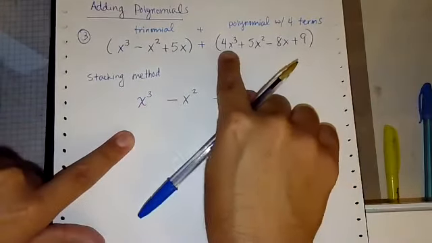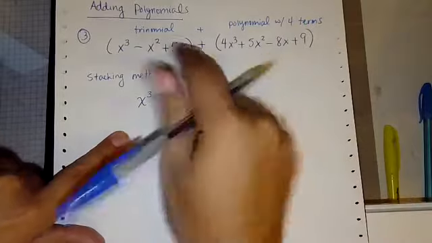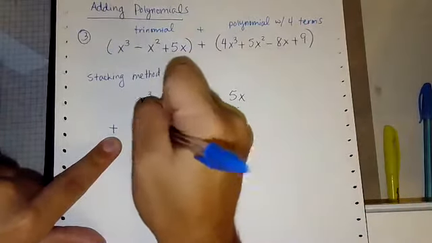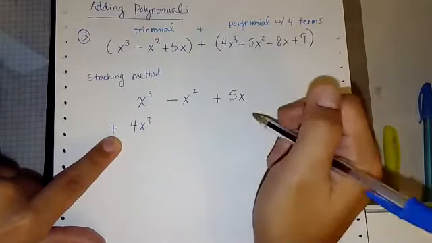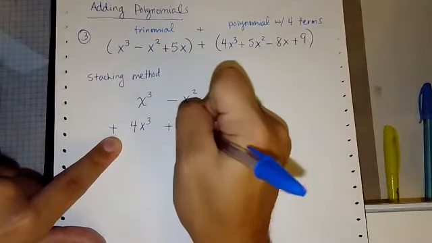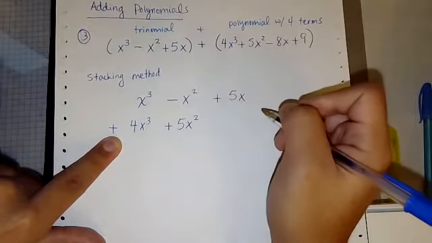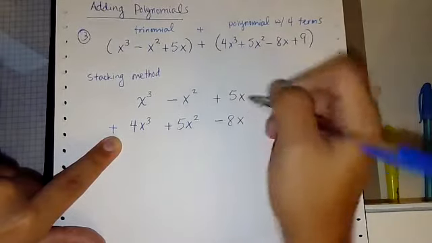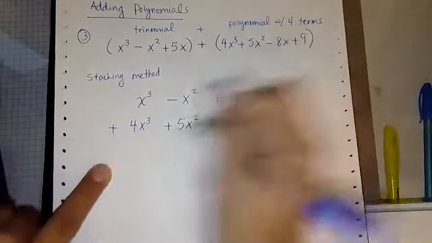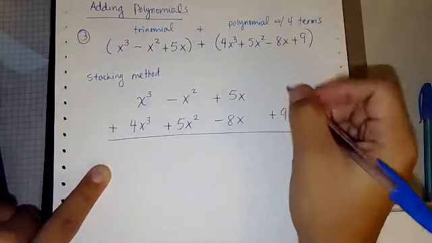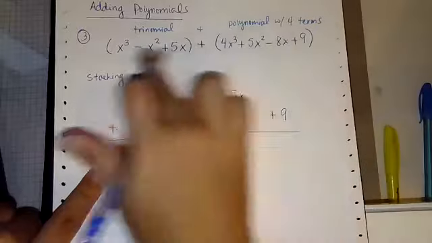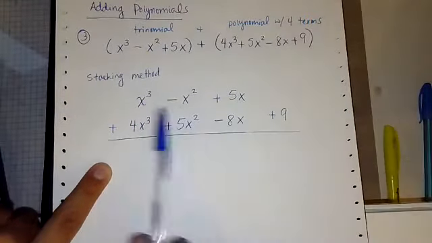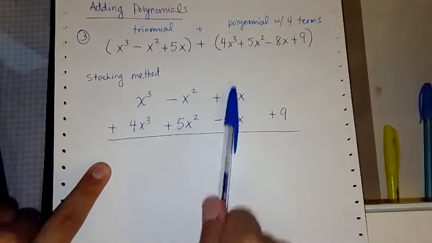Then you can stack this underneath it, and since we're just adding, we're going to add 4x to the third power plus 5x to the second power minus 8x and then plus 9. Now I'm putting the plus 9 over here with nothing above it because this first polynomial didn't have a constant term. But you notice that we've lined up our like terms.